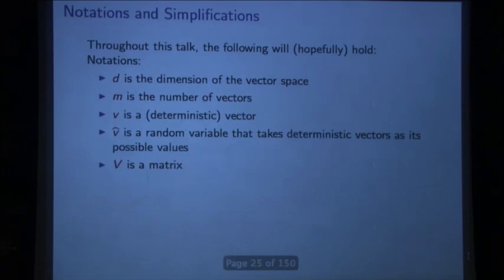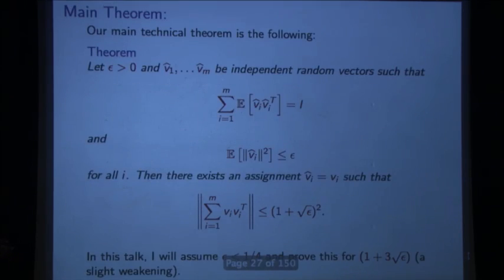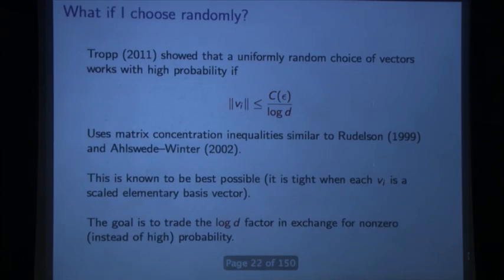I'm sorry, you said spectral norm, but a unitary matrix has all eigenvalues 1. Yes. So I'm trying to split. I started out with something that's the identity, so all of the eigenvalues are 1.